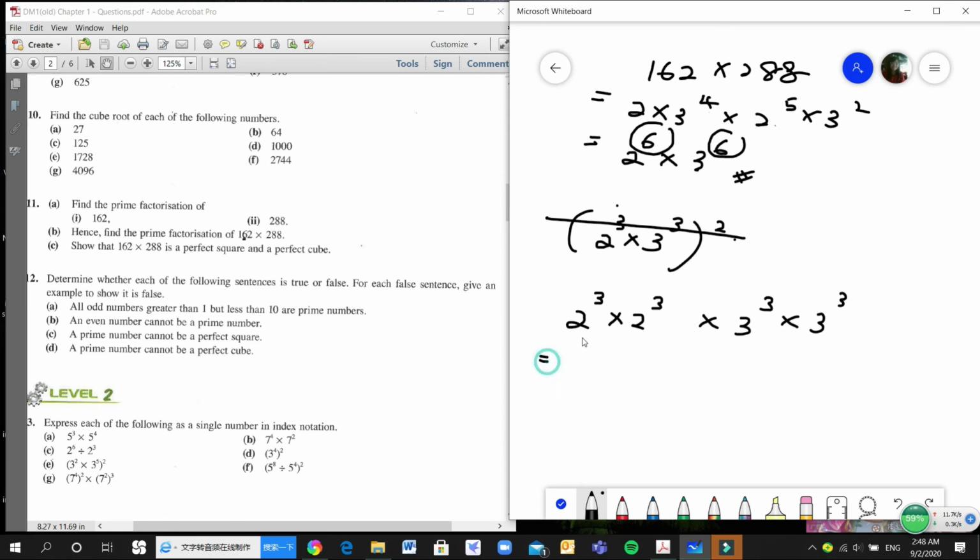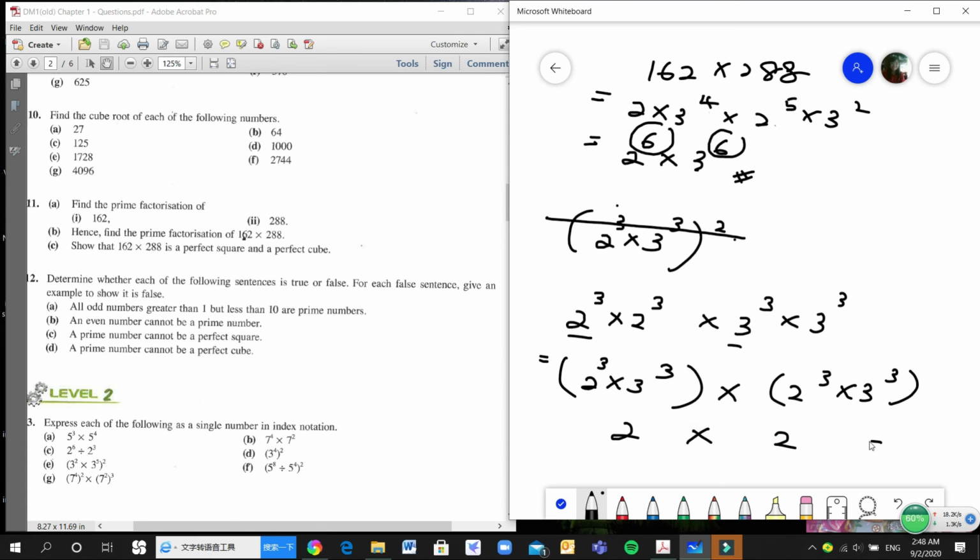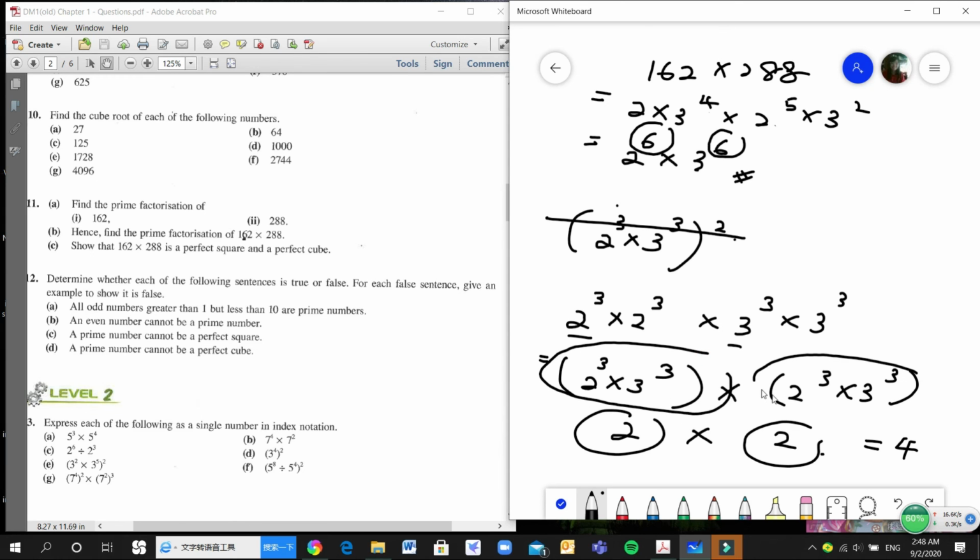And you see, if I make 2 of them together, like a partner, like this, I will have 2 cubed times 3 cubed. This is the same concept as I told you just now, like 2 times 2, I will get 4, a square number. If it repeats like this, the same number. Now I make them into 2 groups, and these 2 groups are the same also, right? So it is a square number.